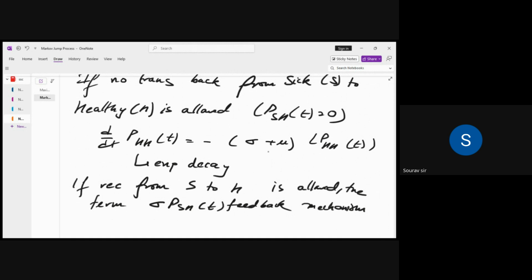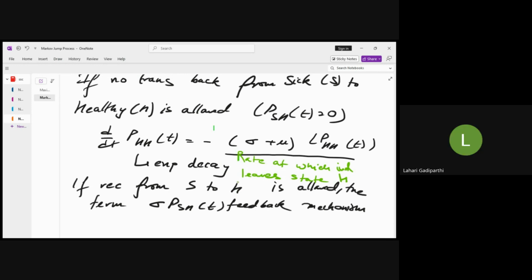This term represents the rate at which an individual leaves state H. It can be either by becoming sick or dying.